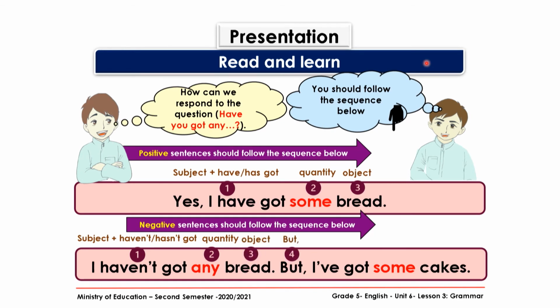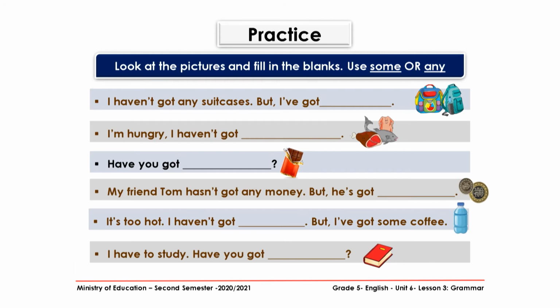And if we want to write the positive sentence with the negative one, we will put but, comma, then we will follow the same procedure that we followed in positive sentences. You can have some practice here. You're going to read the sentences, look at the pictures, and fill in the blanks using some or any. You can pause the video and write the answers on your mini board.